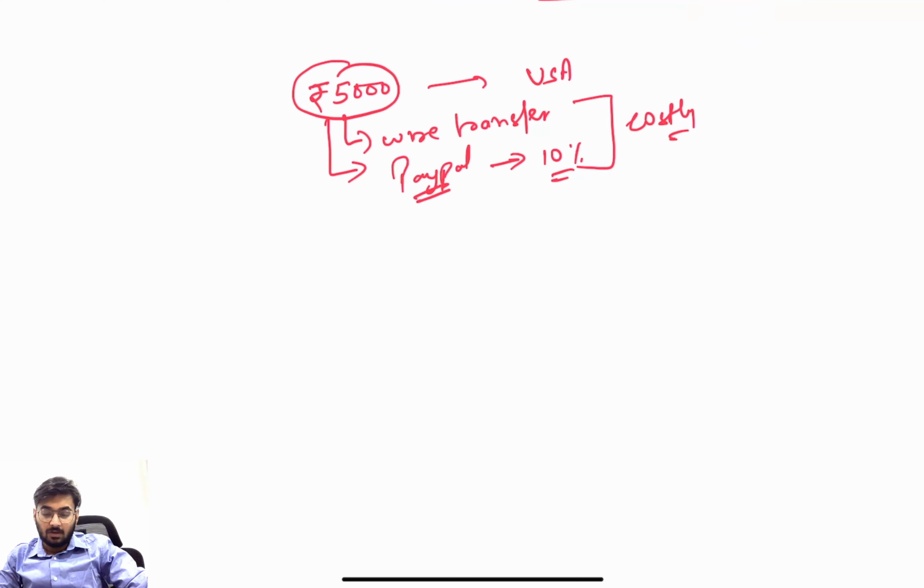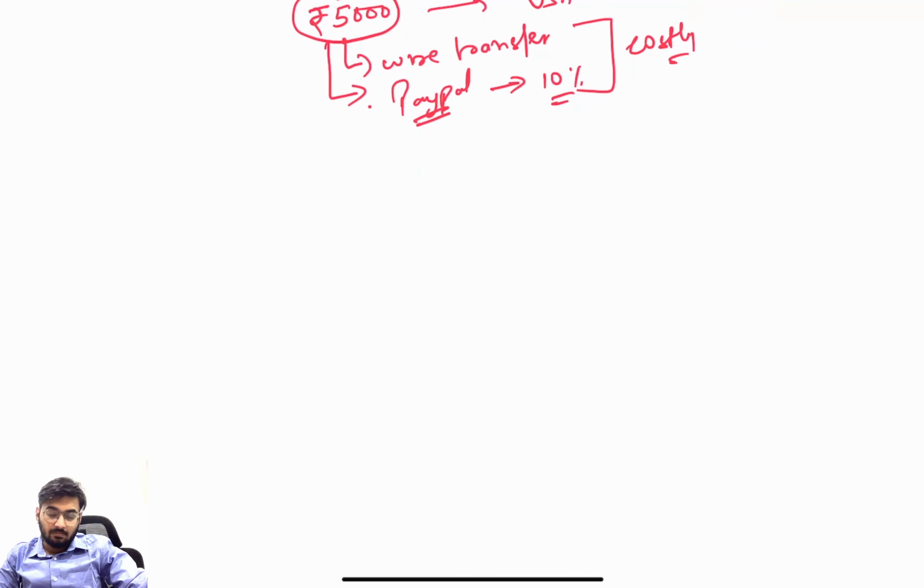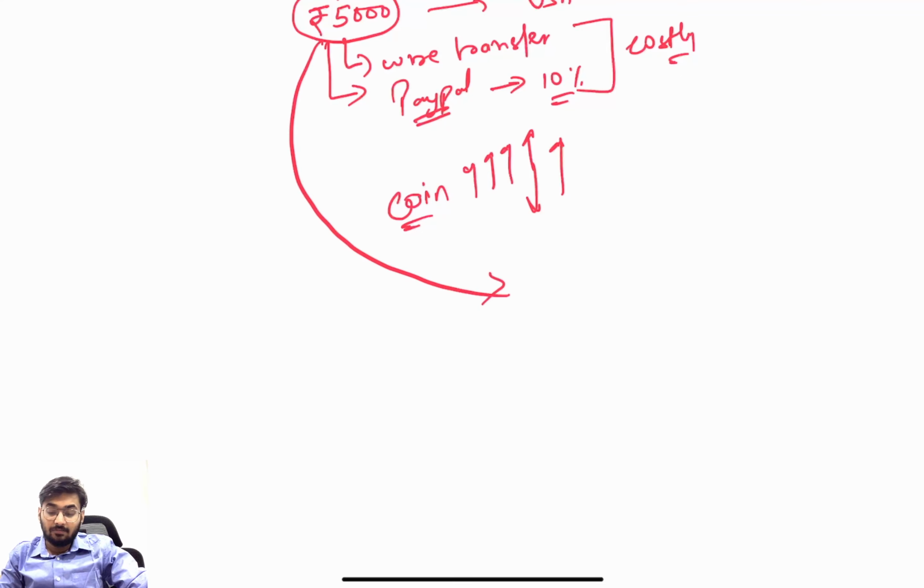Clear? Now, if for this I am sending coins, there is one point: the value of these coins keeps increasing and decreasing. Sometimes it increases, sometimes it decreases, very volatile. Means today I have sent you 5,000 rupees. There is a possibility that within 30 minutes, the value of these coins might increase to, say, 6,000 rupees or decrease to 2,000 rupees.